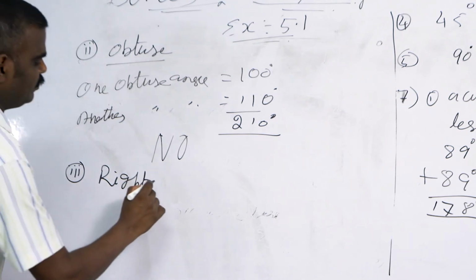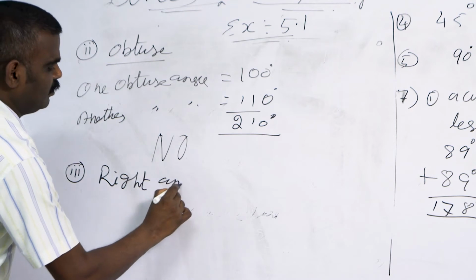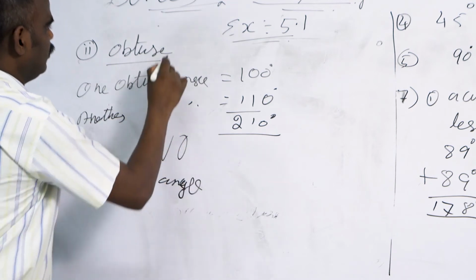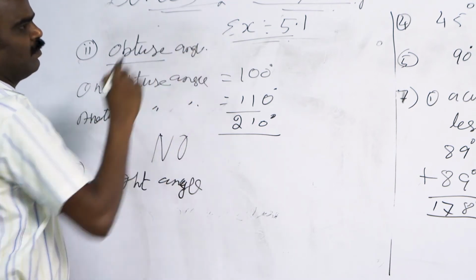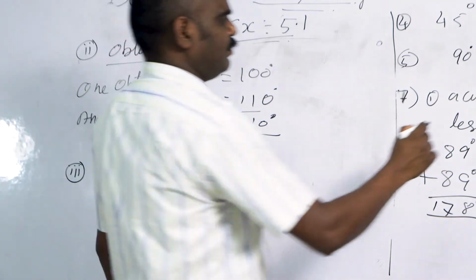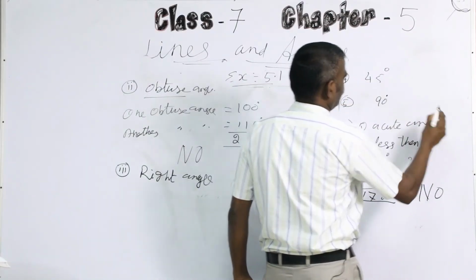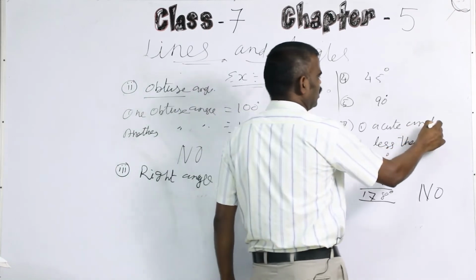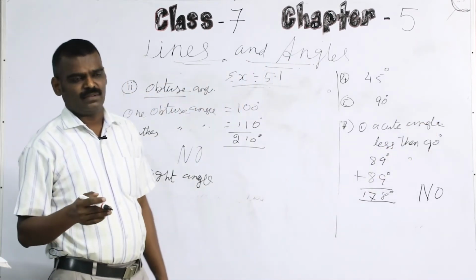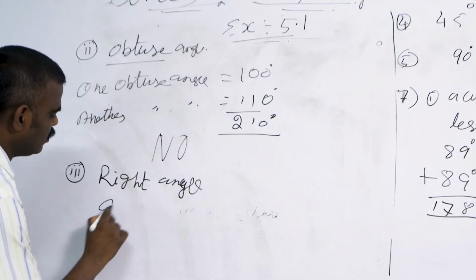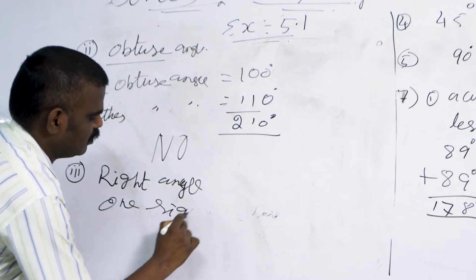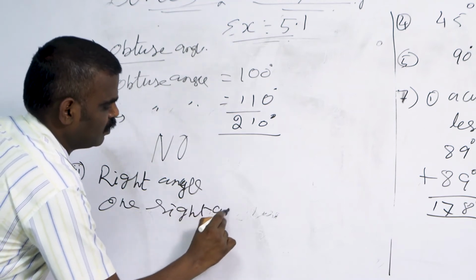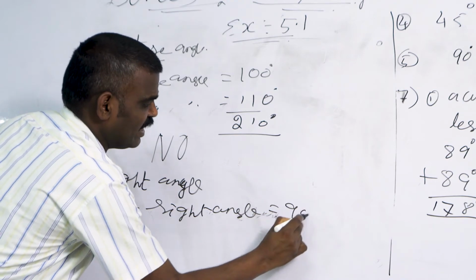Is it possible with right angles? If you add two right angles, is it possible to get a supplementary? Yes. One right angle is how much? 90 degrees.